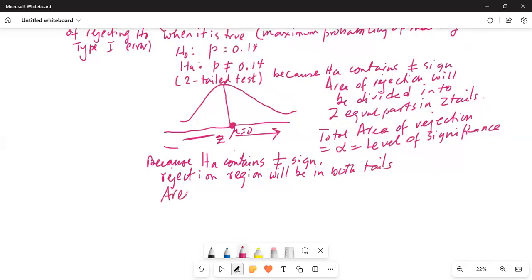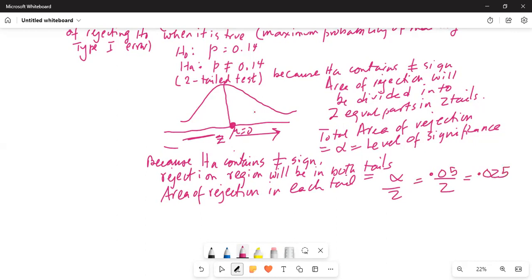And the area of rejection in each tail is equal to alpha by 2. In my case, it's 0.05 divided by 2, which is 0.025. So if I draw this correctly, these two tail regions are where we reject H0.